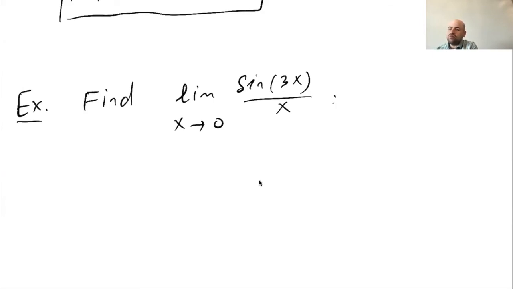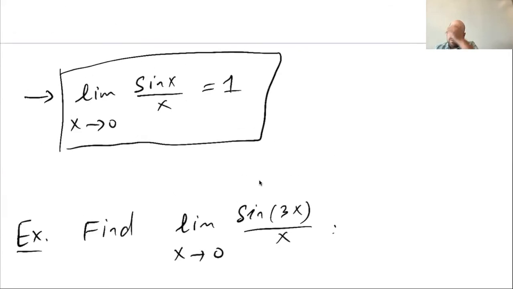If it was sine 3x over 3x, then of course I could use this formula, because if you want to use this formula, this angle here must match this angle. So if it's x, this should be x. If it's t, this should be t. If this is 2t, this should be 2t. If this is 3x, this should be 3x, and so on.